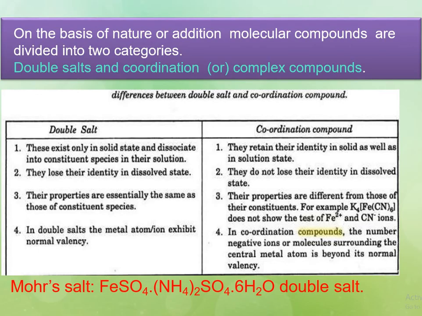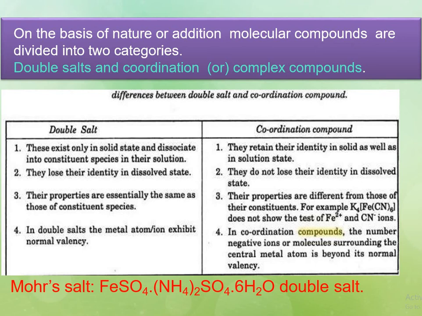So, on the basis of nature of addition, molecular compounds can be divided into two categories, double salts and coordination compounds. Here is the difference: a double salt exists only in the solid state and dissociates into constituent species in solution, whereas a coordination compound retains its identity in the solid as well as in the solution state.